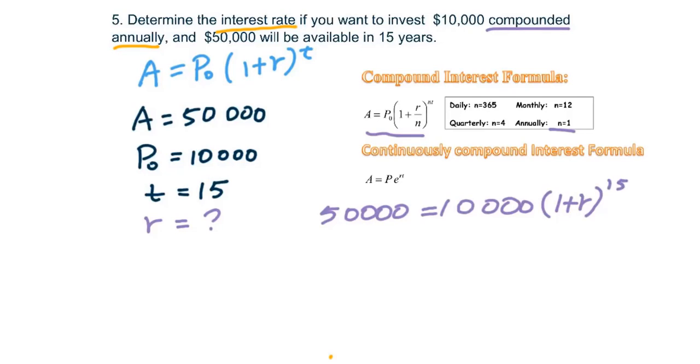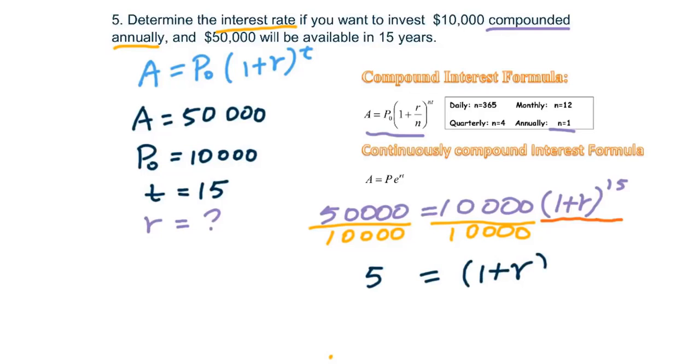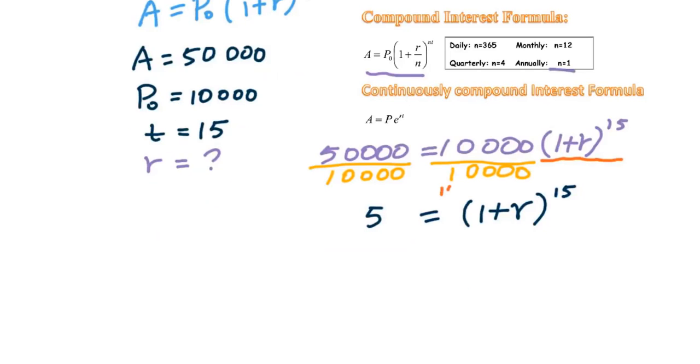This is a power equation now. Therefore, we isolate the power on one side by dividing by $10,000. You will get 5 equals 1 plus R to the 15th power. Now we have to do 15th root both sides.